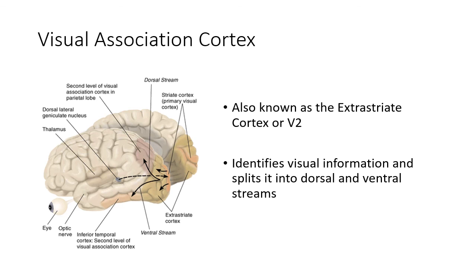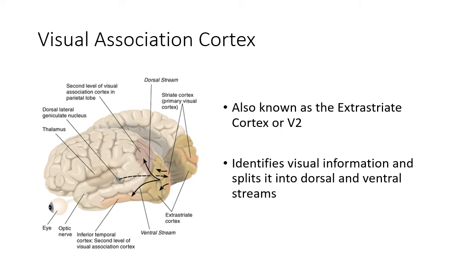Okay, after that information has gone through, it goes to the extrastriate cortex, or the visual association cortex. That is, it spreads out from the primary area to the extrastriate. This is often called V2, and this is where our brain starts to identify the visual information. So in the primary cortex, the visual information is basically coded.